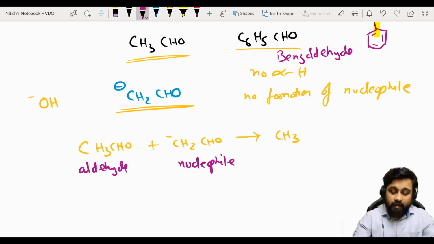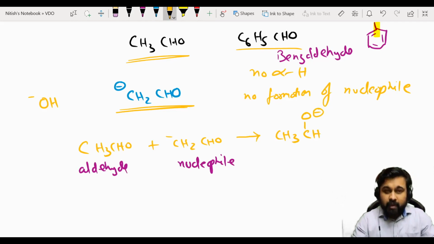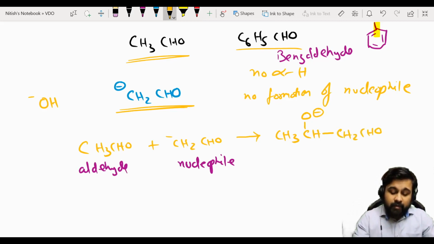First write the structure of your aldehyde, CH3CHO. Instead of the CH double bond O, write single bond O negative, like this. This is the previous aldehyde, connected to the nucleophile. What is the nucleophile carbon here? CH2CHO. That's it. This is your product.